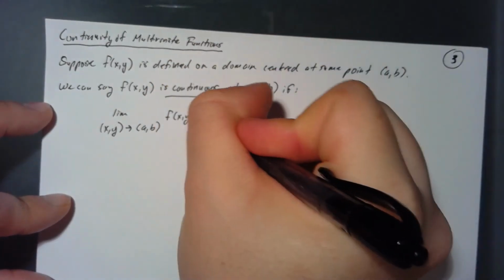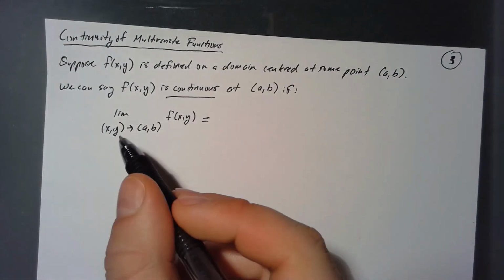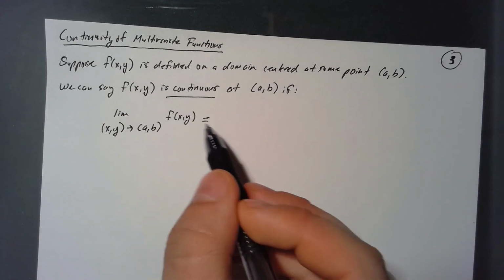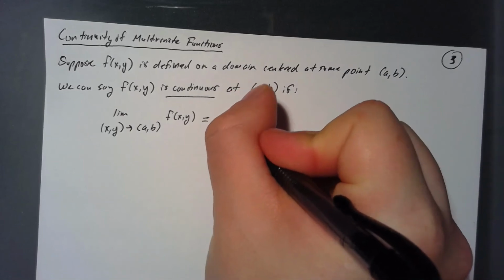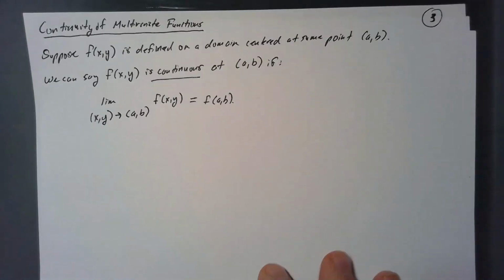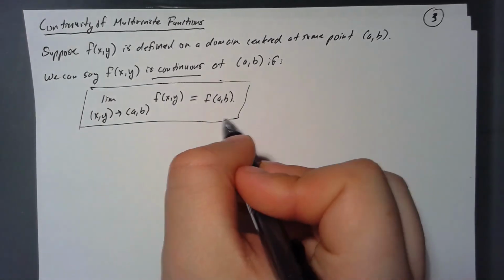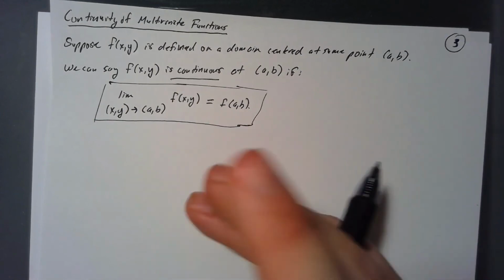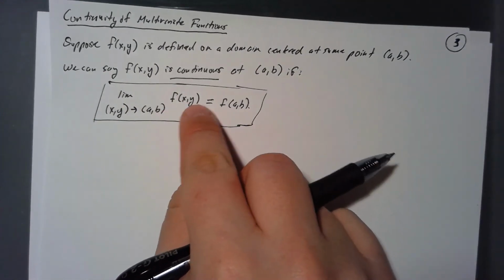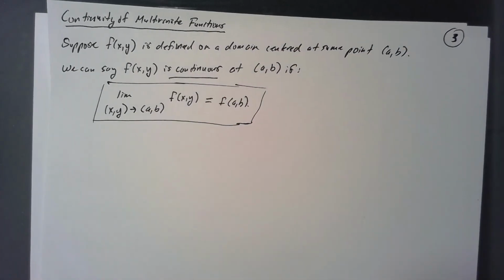So what do we know about continuity? What you expect to get is what you actually get. If I'm approaching this point of the function, the limit ends up being equal to the function at that point. It's the same thing with single variable functions as it is with multivariate functions. We're just considering an extra coordinate or two, depending on if it's x, y, or x comma y comma z. But that's basically the idea behind it.